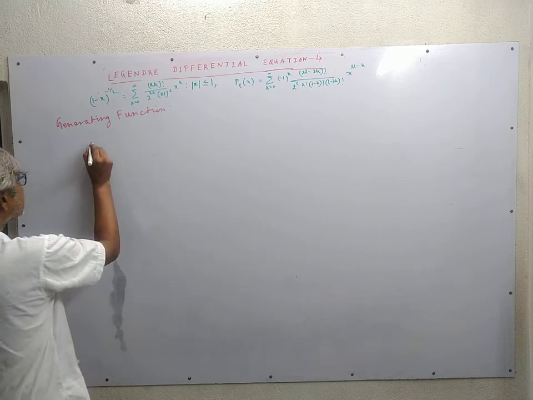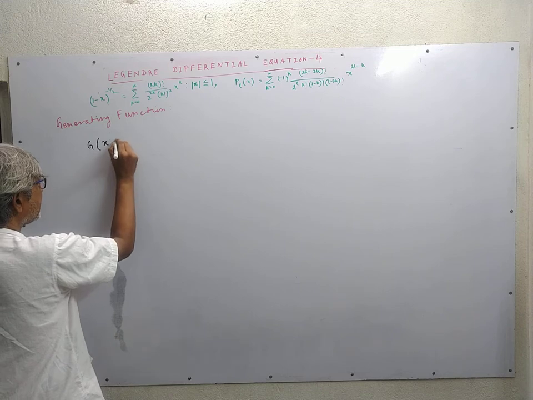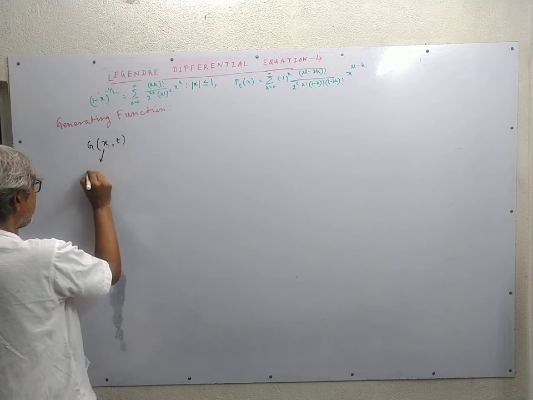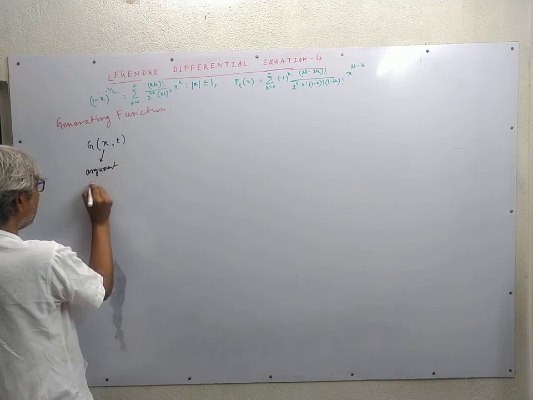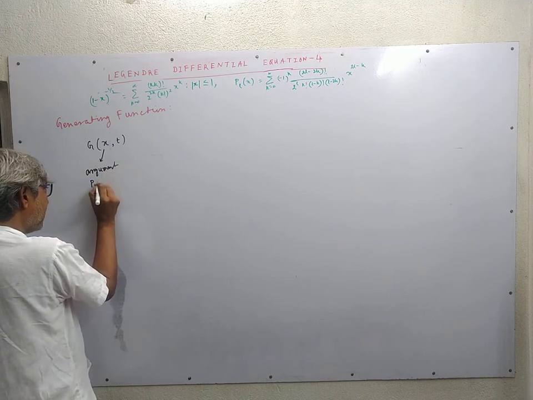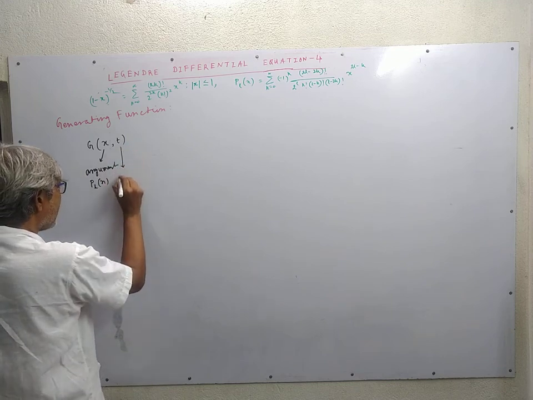Say g is the generating function, then x is the argument and t is the parameter. If we call, well, this is P_L of x, so this is the argument and there is a parameter t.